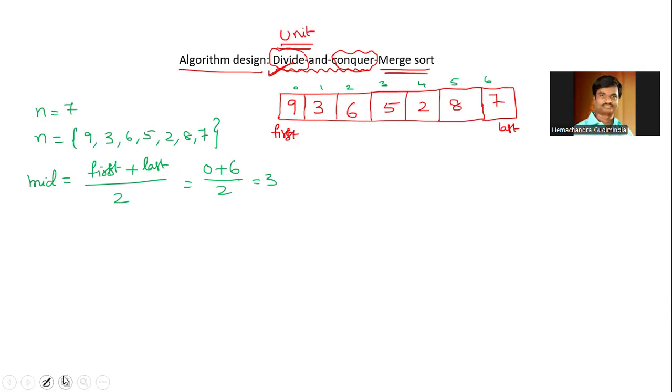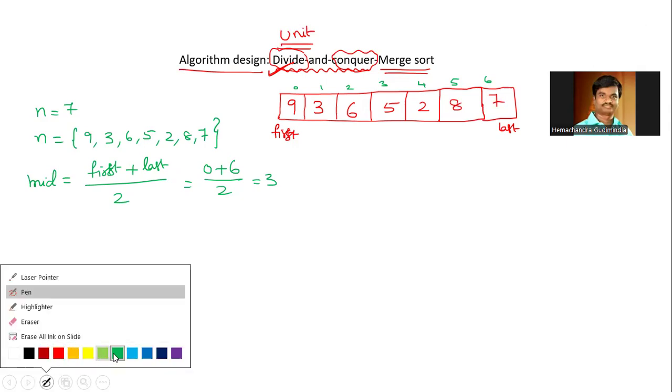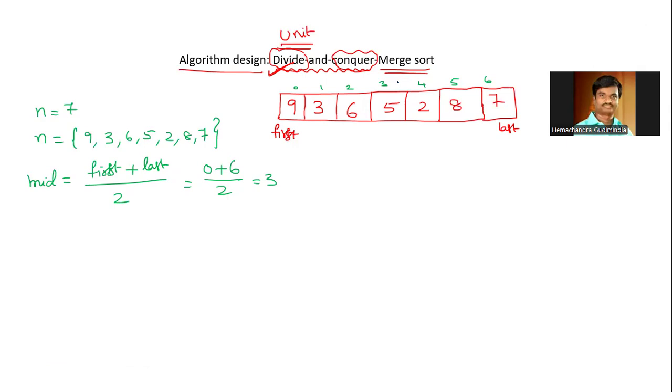So now we are going to divide at the third one. I am going to break this entire array into two pieces. So now the total array is divided into two portions.